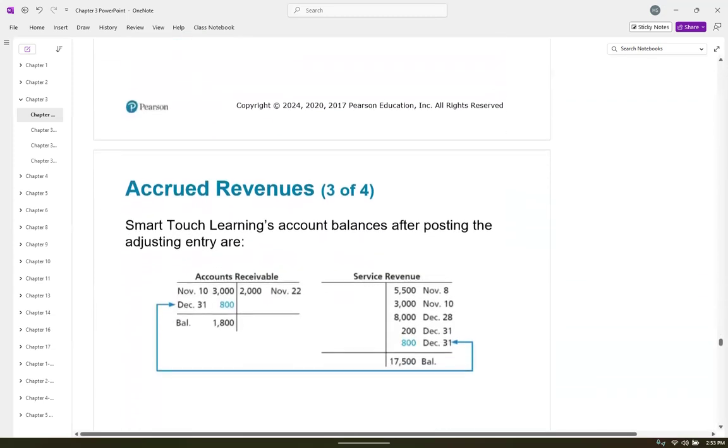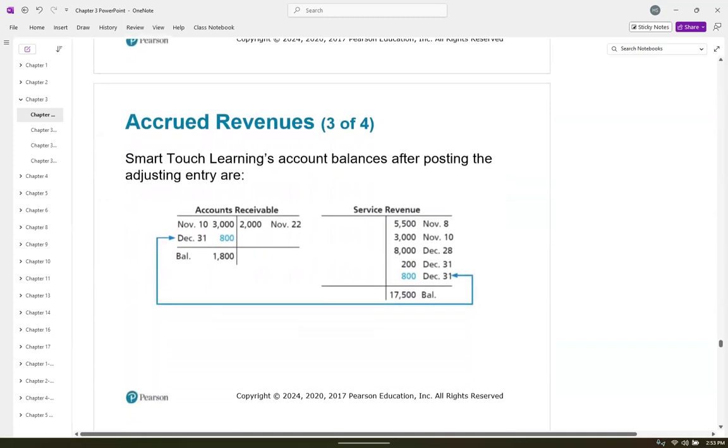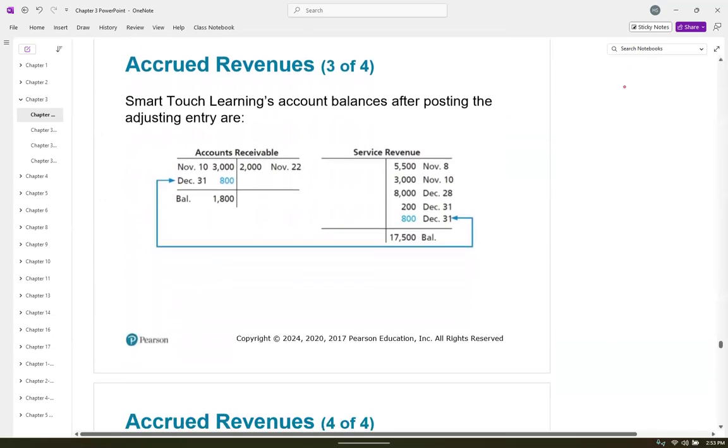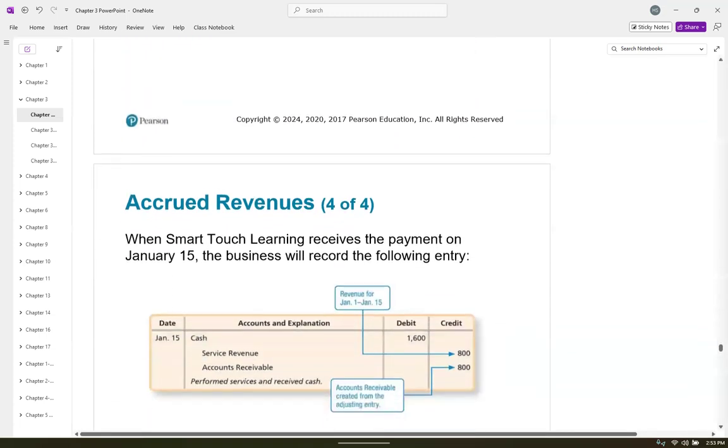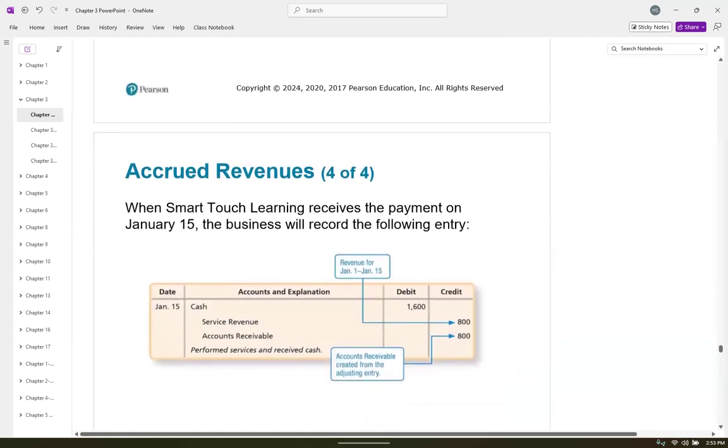Okay. All right. So here they're showing us the T accounts. We're debiting that accounts receivable for 800, crediting the service revenue. Okay. These other entries came from all those entries that we did, I believe, in chapter 2. Okay. So when Smart Touch Learning receives payment in January, the business will record the following entry.